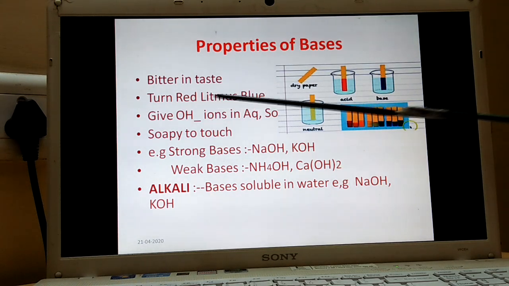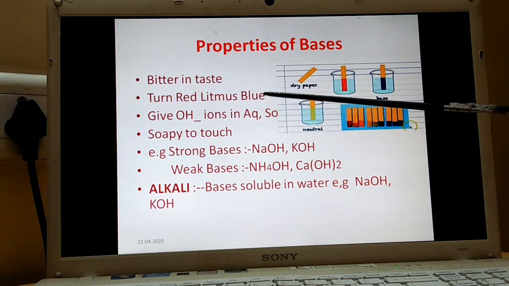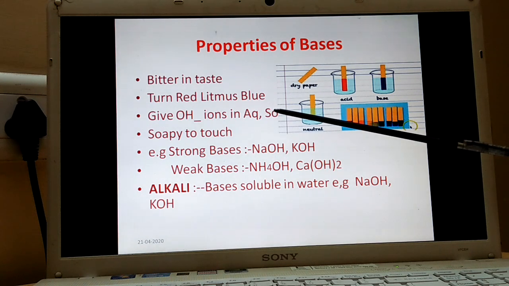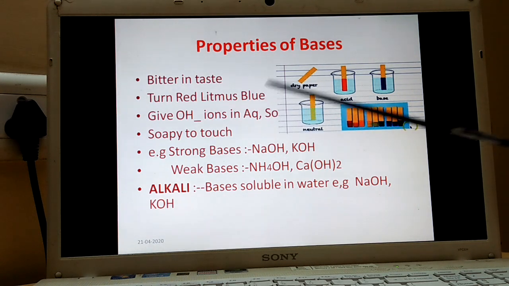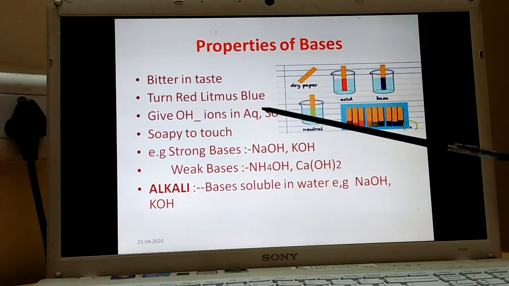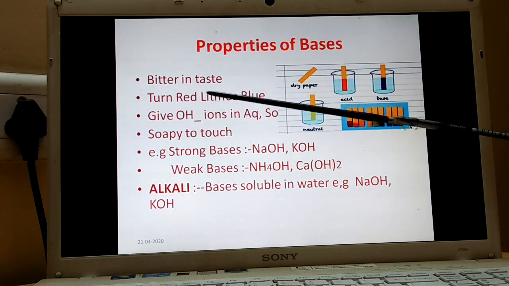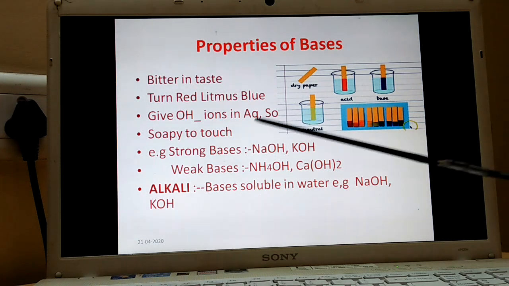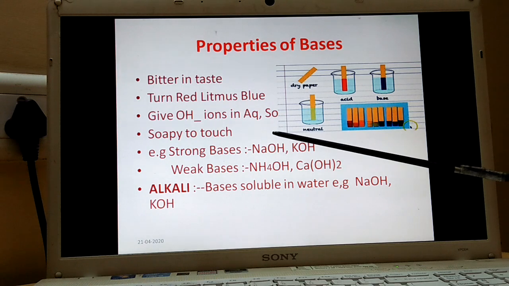If any solution turns red litmus blue, it will be a base. And bases always provide OH minus ions in aqueous solution. The minus sign should be put above OH. Now they are soapy to touch.